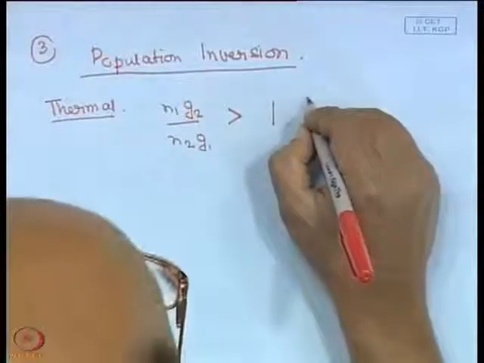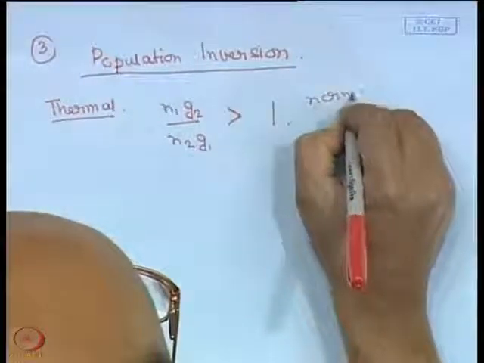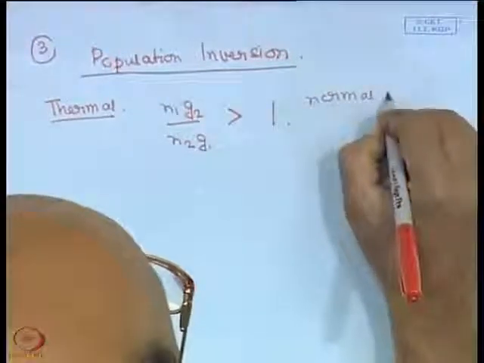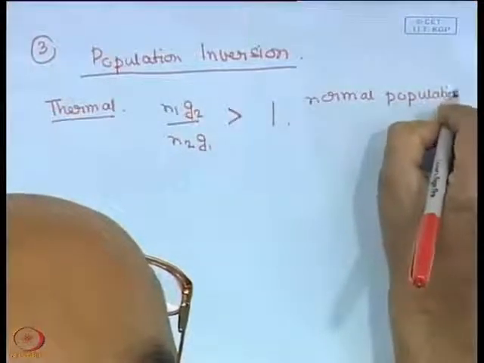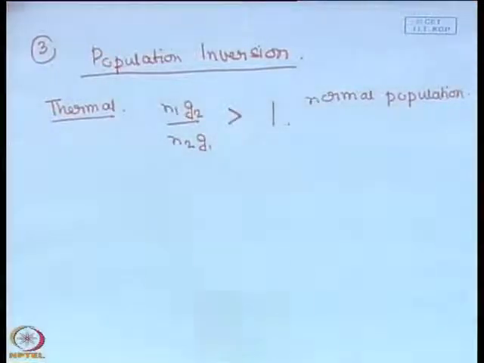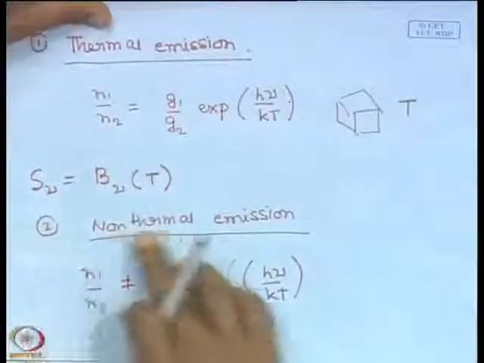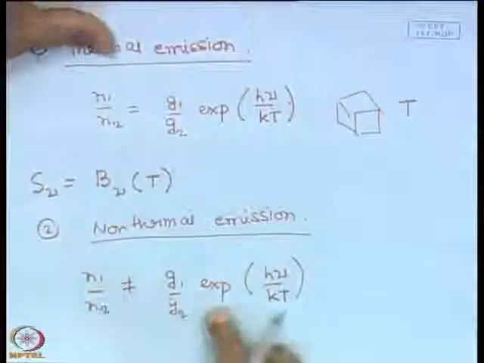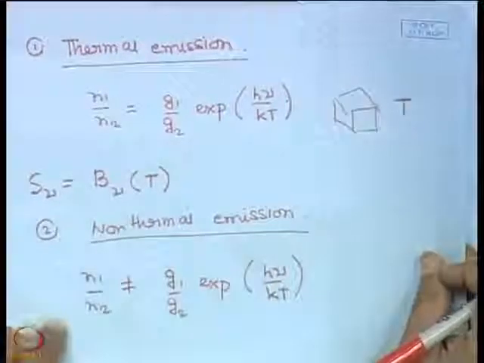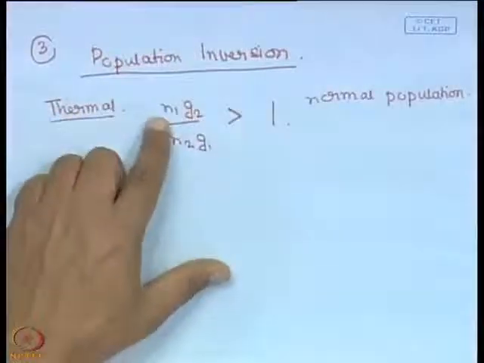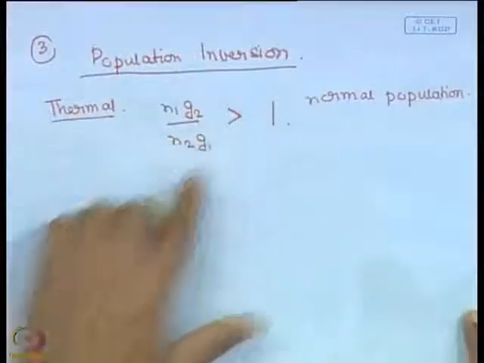This is called a normal population. In a large number of non-thermal situations also, where this does not hold, you typically have this condition being satisfied. So, the population is said to be normal.